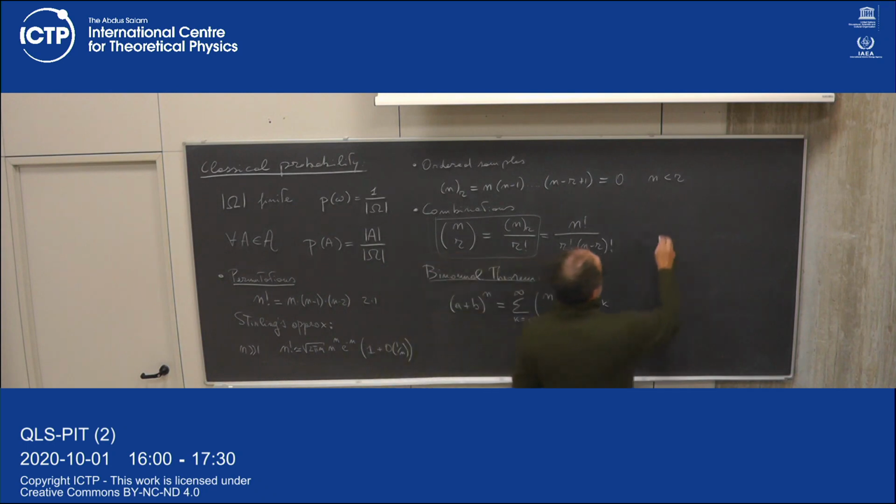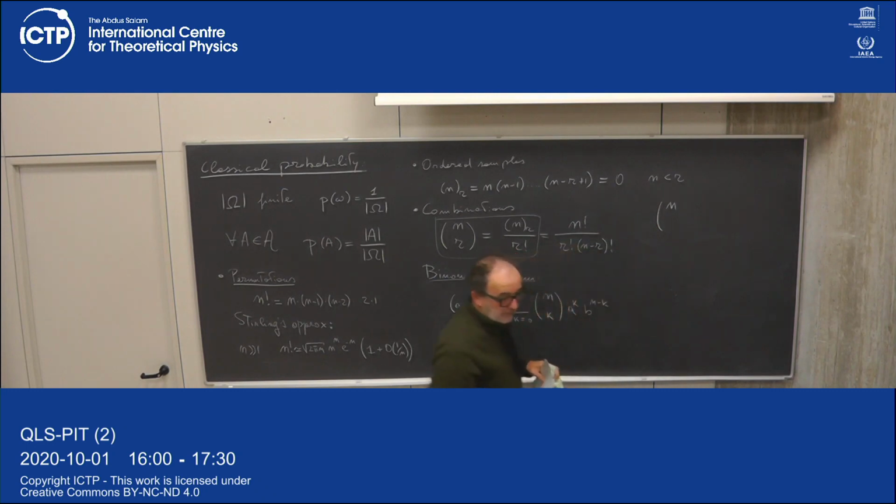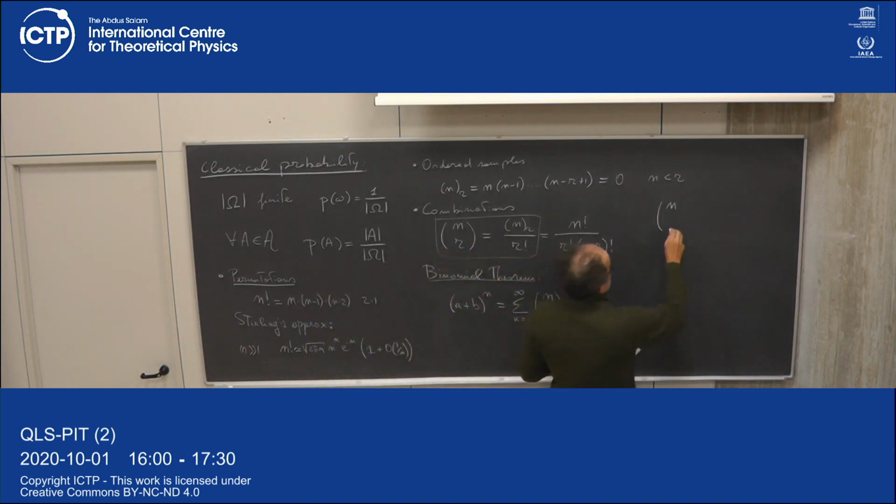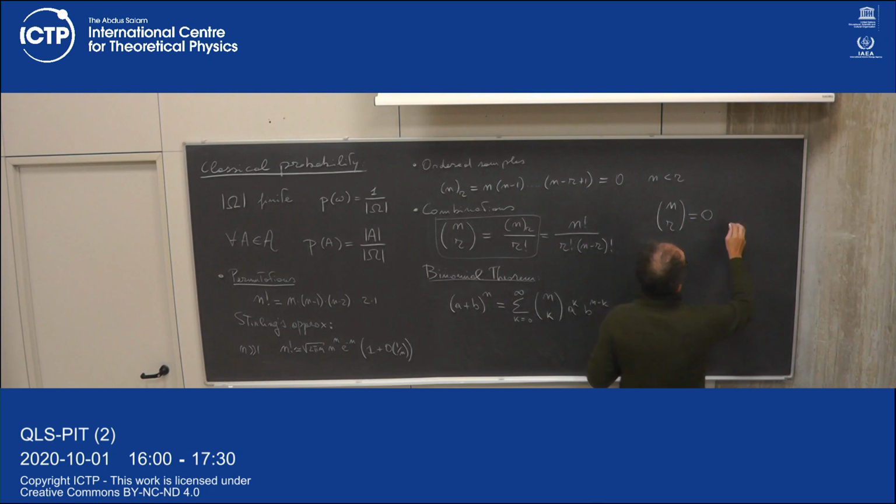So if I generalize the definition of the combinatorial coefficient to real values of n, then the combinatorial coefficient will be equal to 0 if n is an integer and n is less than r.